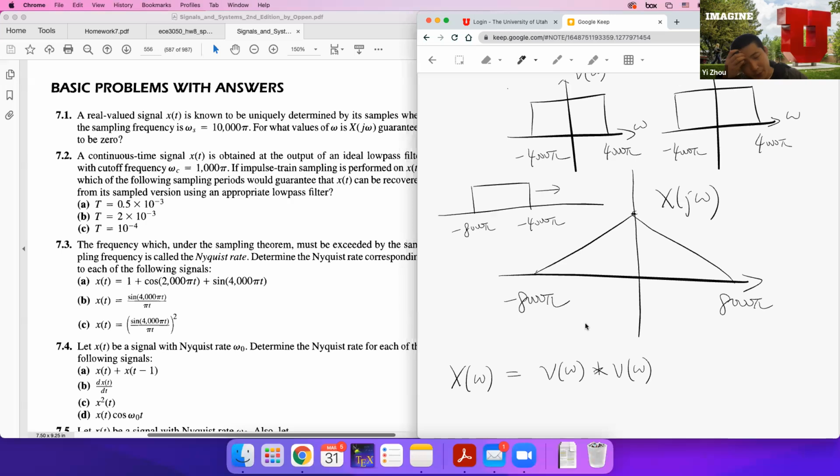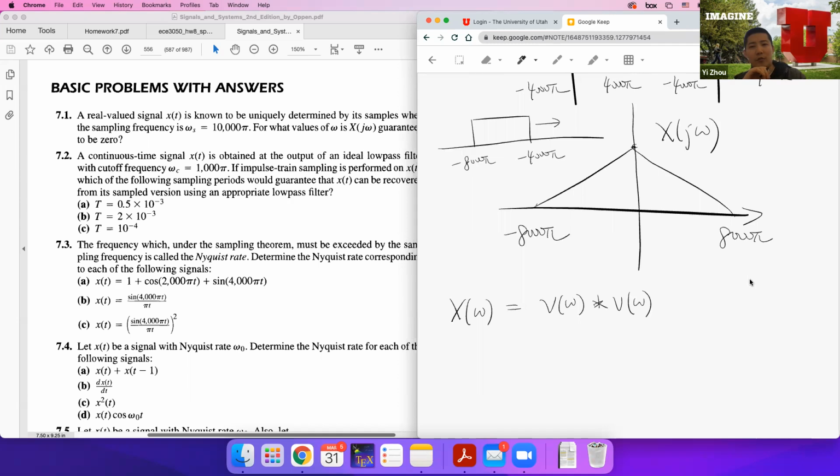We have a property saying that if you take the convolution of 2 signals, the length of the resulting signal equals the sum of the lengths of the 2 signals. This one spans 8,000 pi in frequency, and this one also spans 8,000 pi. So in the end, the resulting convolution signal will span 16,000.